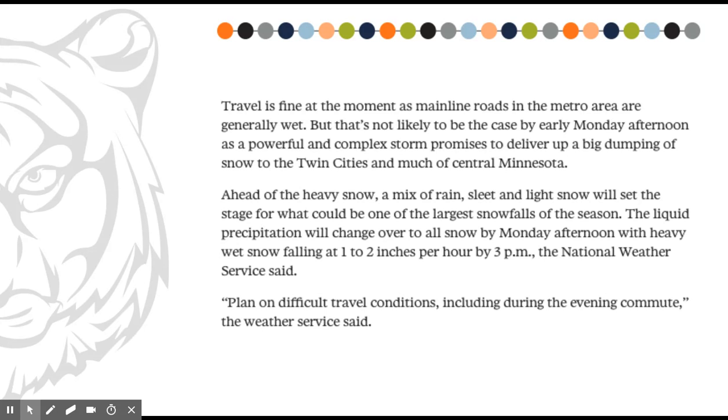I might have to read it a second time for myself so that I understand it completely. Travel is fine at the moment as mainline roads in the metro area are generally wet. Travel is fine at the moment, but that's not likely to be the case by early Monday afternoon, as a powerful and complex storm promises to deliver up a big dumping of snow to the Twin Cities and much of central Minnesota.